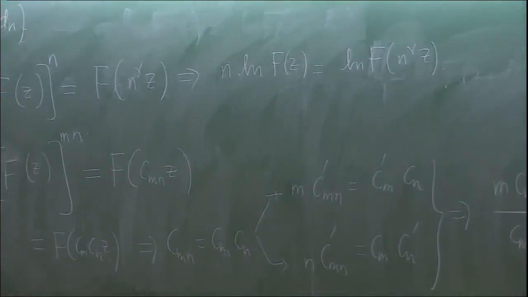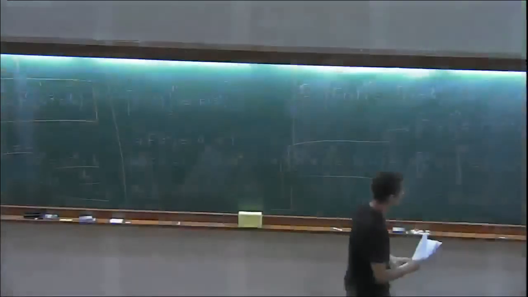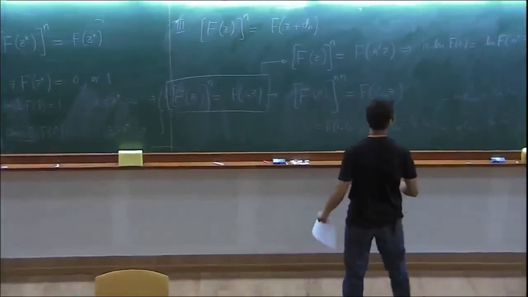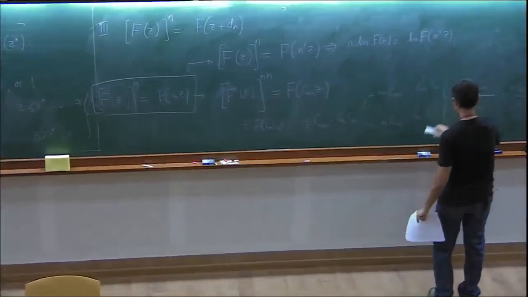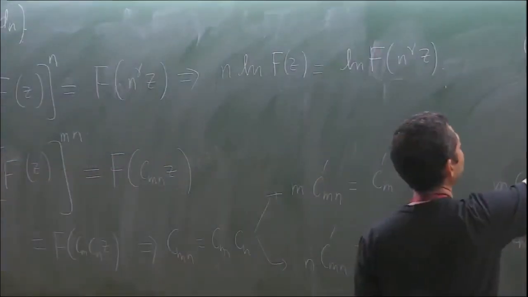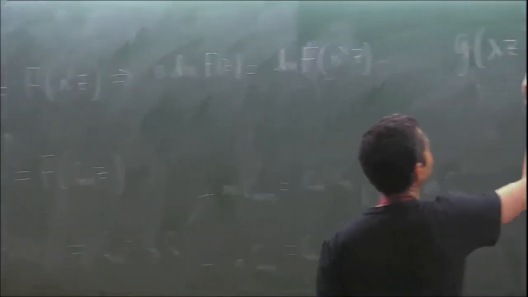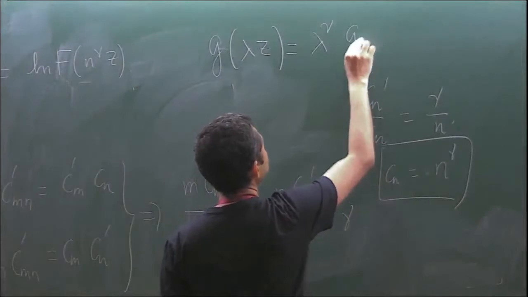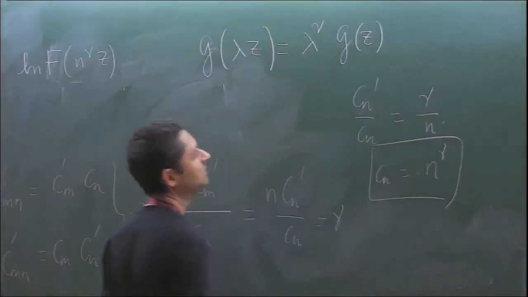You've seen this kind of function. Let me write it in a slightly different way: if you have some function g(lambda z) is equal to lambda to the power mu g(z).